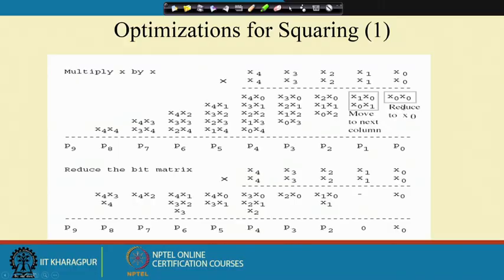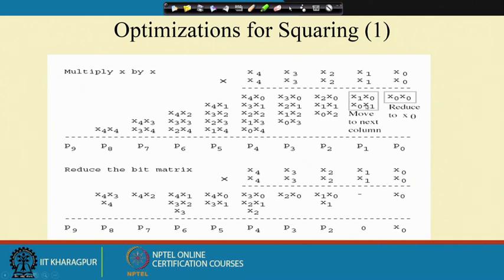But before doing this addition of the partial products, if you look closely, x0 multiplied with x0 is nothing but x0. Why? Because if I multiply a with a, according to Boolean logic, that will be a.